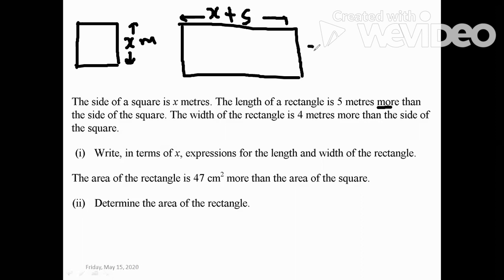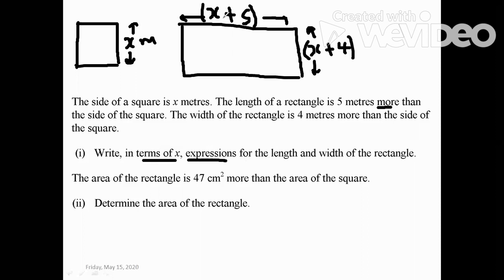And the width is what? 4 meters more than the side of a square. So x plus 4 represents the width of the rectangle. So if you want to, we can put this in brackets. All right. Now it says, write in terms of x an expression with an equal sign for the length and width of the rectangle.